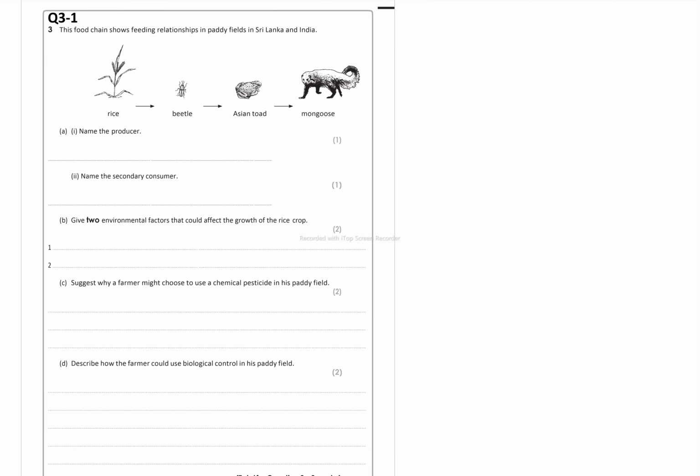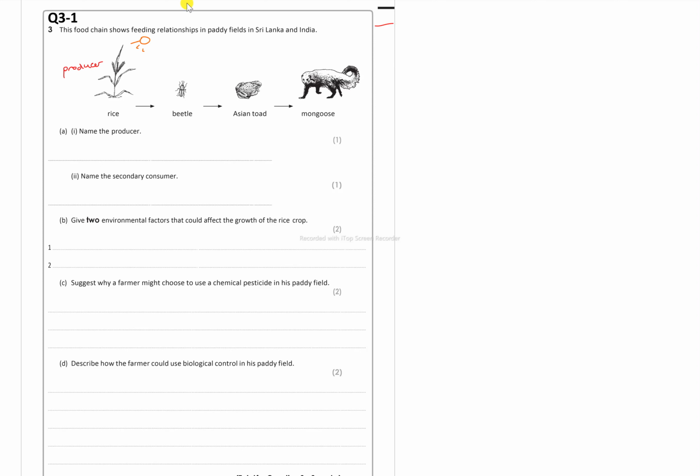This food chain shows feeding relationship in a paddy field in Sri Lanka. Right. So the producer is here. What did we say a producer was?